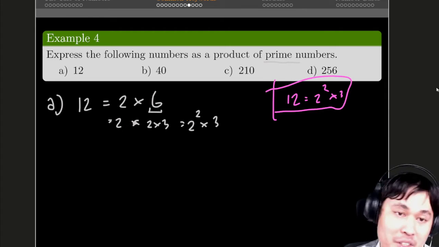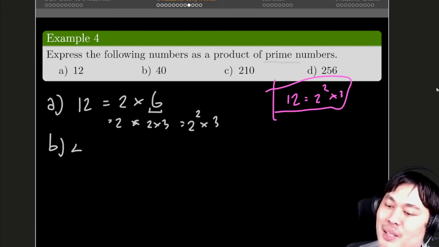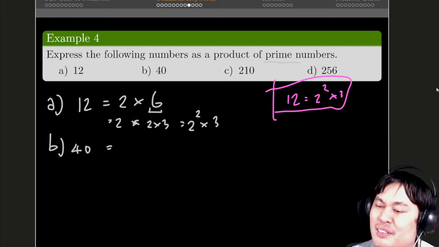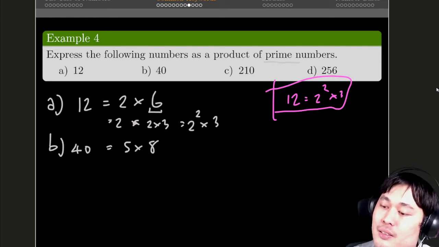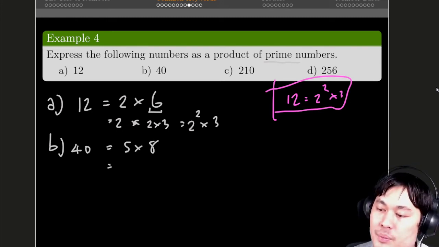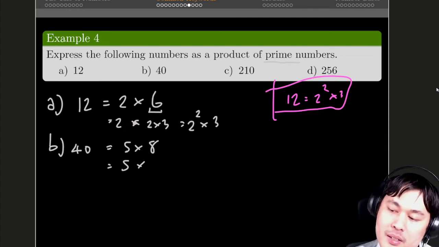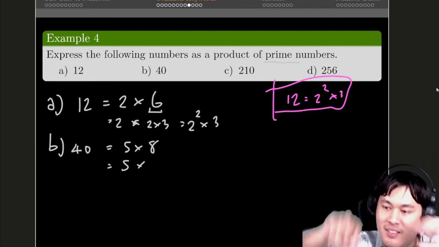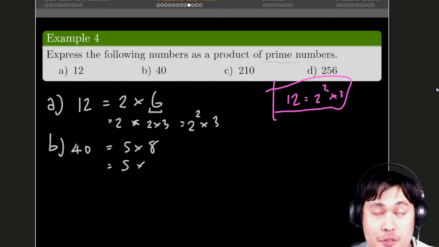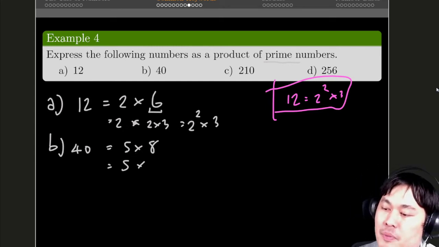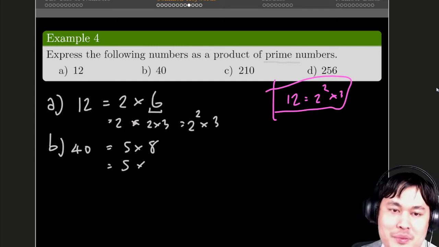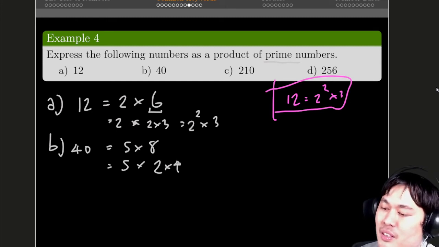It's convenient, but what about 40? 40 is 5 times 8. And 5 is a prime number. You have 5 objects, you can't divide it evenly by 2 or 3 or 4, so it's prime. What about 8? That's even, so it's not prime. It's 2 times 4.